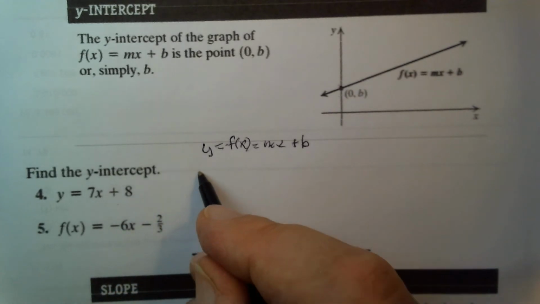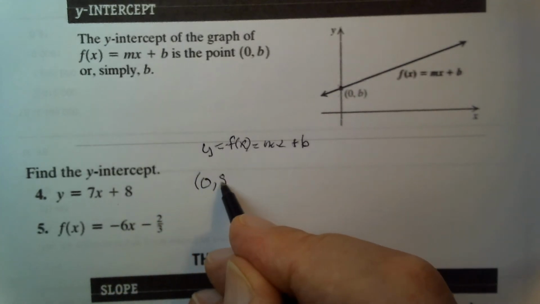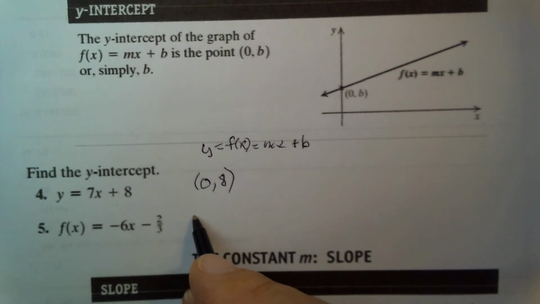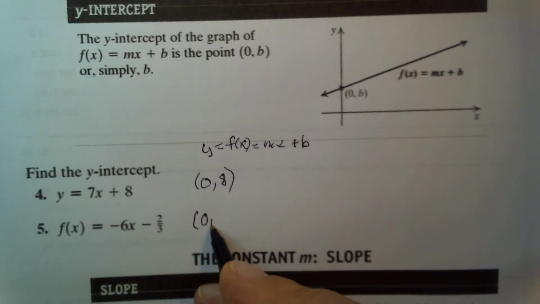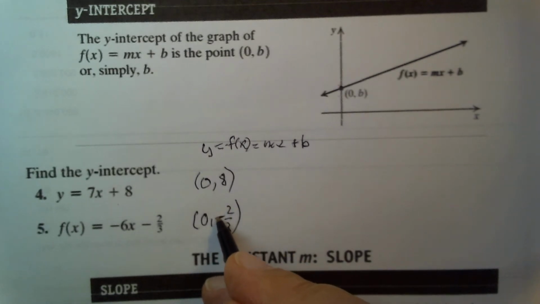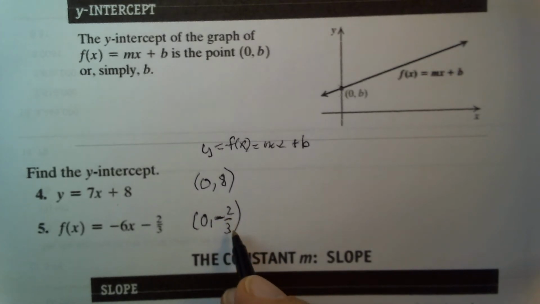So here the y-intercept would be 0, comma 8. And similarly, for exercise number 5, this is the mx term, and then the b would be minus 2/3. So the y-intercept in this case would be 0, comma minus 2/3. So the minus sign certainly matters.